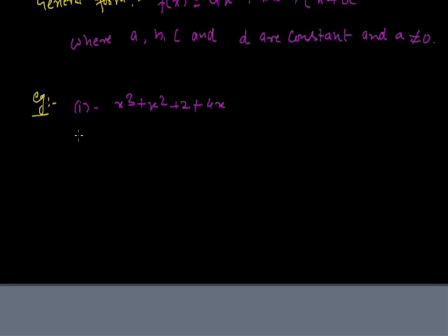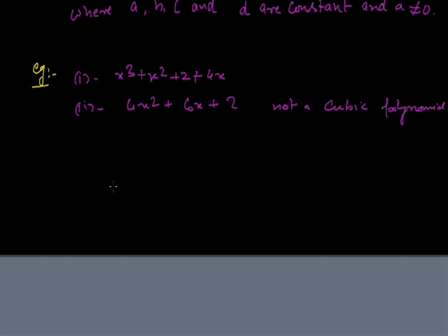Example 2, 4x square plus 6x plus 2. Here we see that x to the power 2 is the highest degree of the given polynomial. So this is not a cubic polynomial.